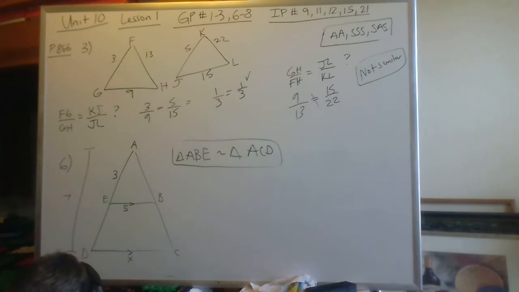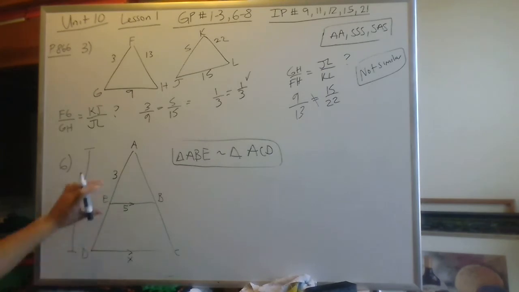All right, so what we are going to do is set up a ratio, just like we have on another problem. I believe example 4 on page 864 shows you how to do this. And what we are going to do is set up a ratio because these triangles are similar.